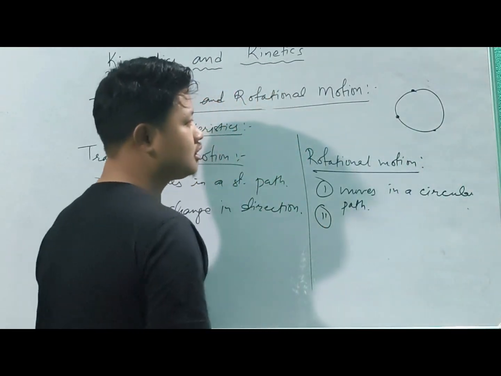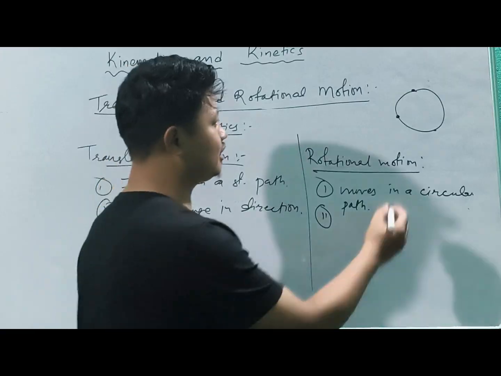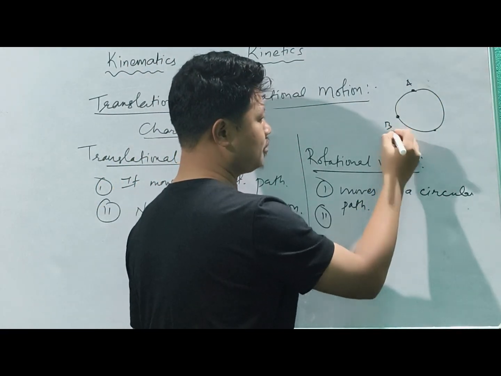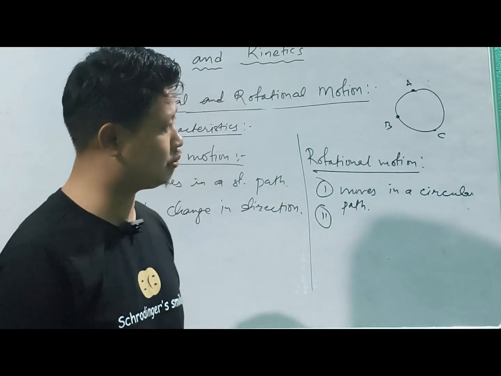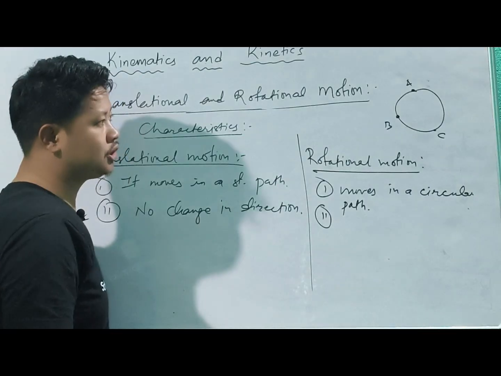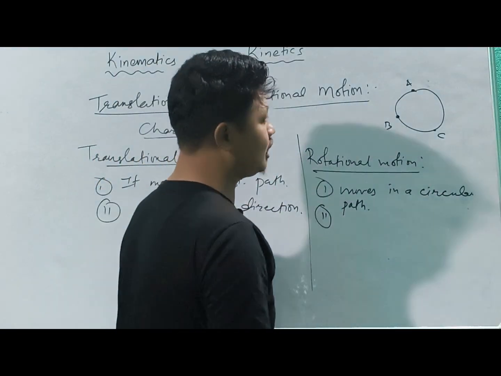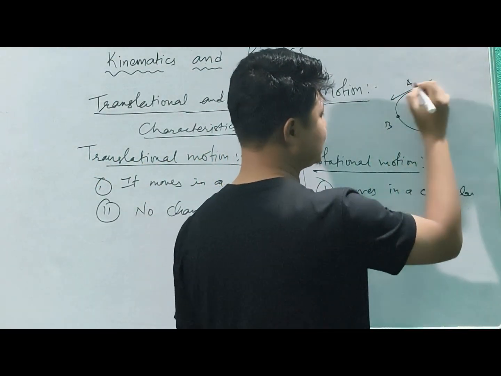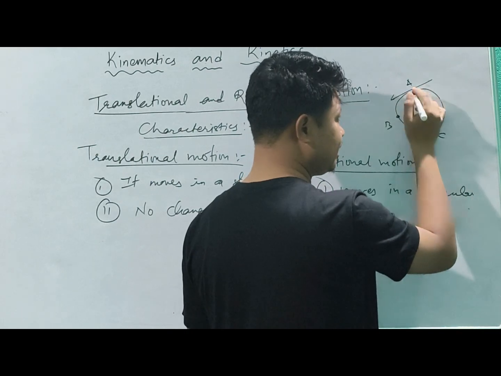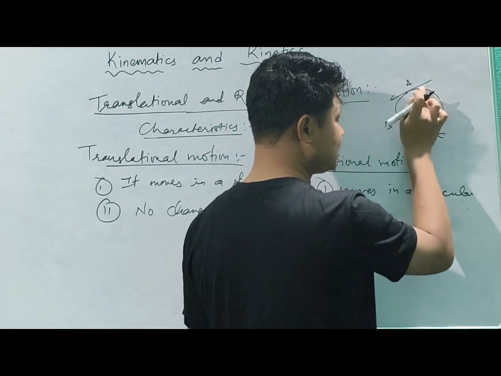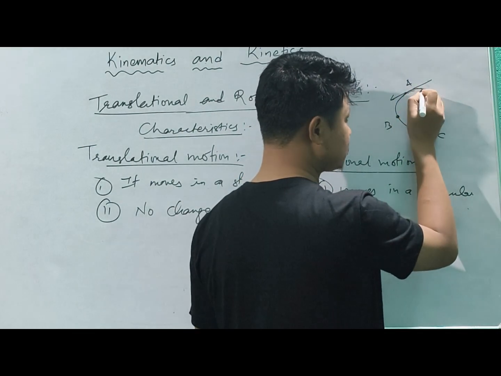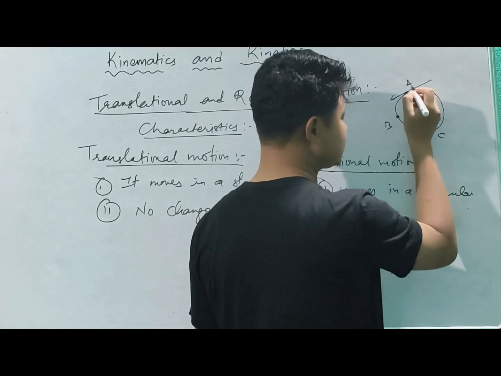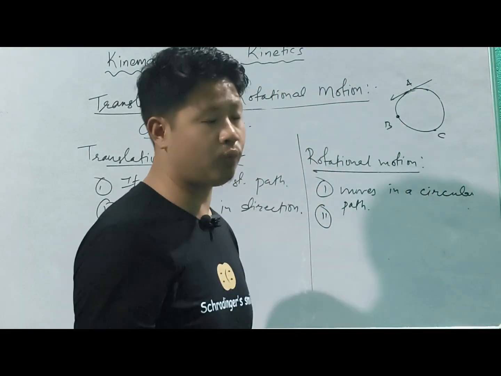How do we know the direction of the particle exactly at a point? Let us say this is point A, this is point B, and this is point C. To know the direction of a particle in a circular path, we have to draw a tangent. What is a tangent? A tangent is a straight line which touches the curve or circle at only one point.